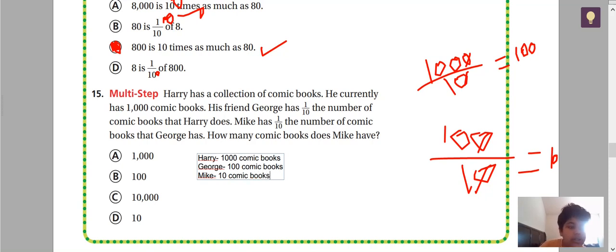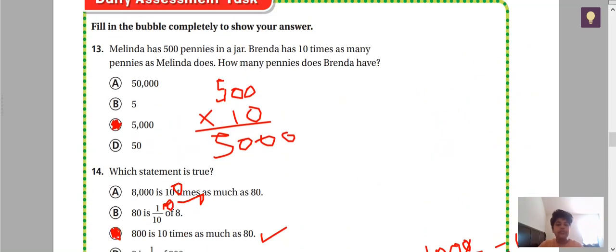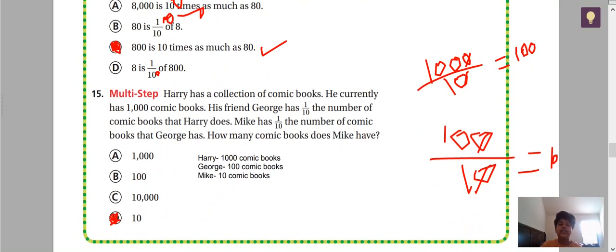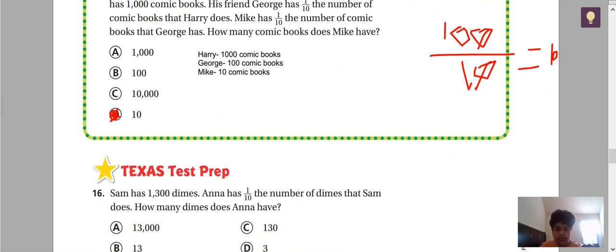So the answer to number 15 is D. Letter D is your answer. So for 13 we got C, which is 5,000. 14 we got C, which is 800 is 10 times as much as 80. And 15, which is D, 10.